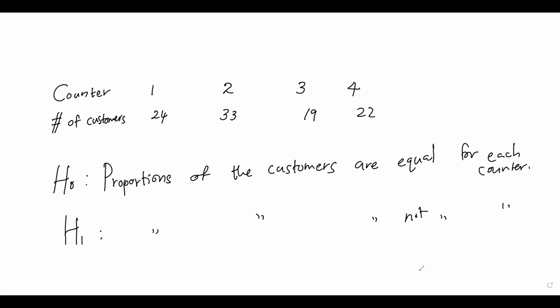So we are going to test this hypothesis. We have 4 categories, the counters, and we have the count data for each counter. So in this type of instance, we go for the chi-square test.